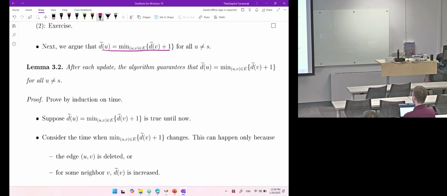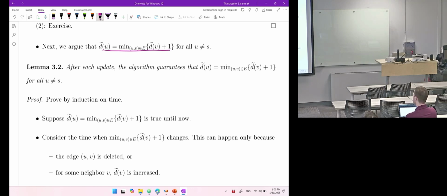After each update, I claim that this is true, and let's see why this is the case. We're going to prove this by induction on time. So suppose that we have this invariant until now, until the next update.